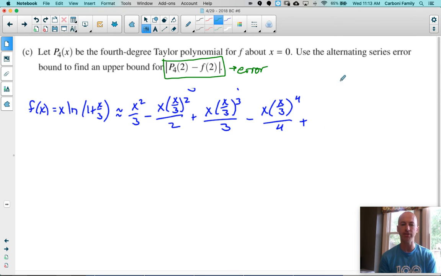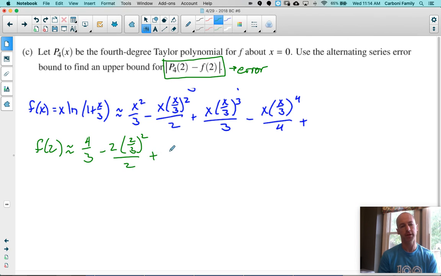So f of 2, according to this polynomial, would be approximately 2 squared over 3 minus 2 times 2/3 squared over 2 plus 2 times 2/3 cubed over 3 minus 2 times 2/3 to the 4th over 4. If I add those, I will get my Taylor approximation for f of 2.